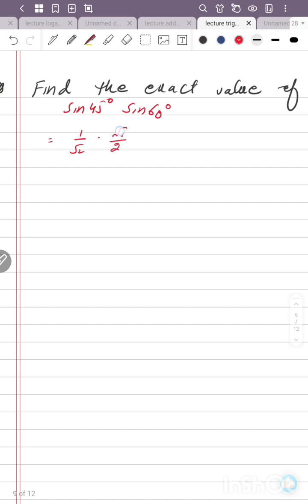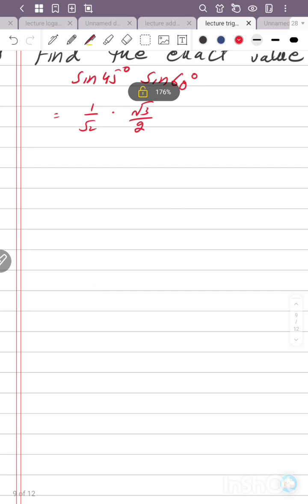Now square root 3 multiplied by 1 gives square root 3, and 2 and square root 2 multiplied, here we got this answer. This is in a third form, so we have to convert it into a simple form. Here we have to multiply by square root 2 and square root 2.